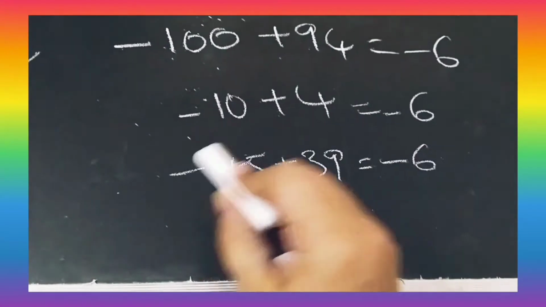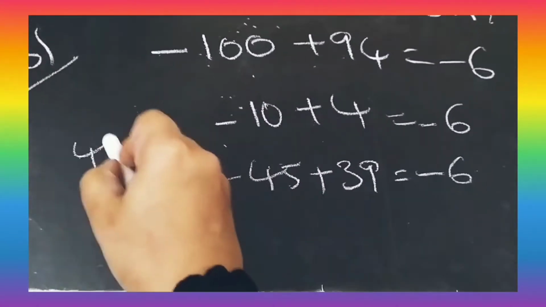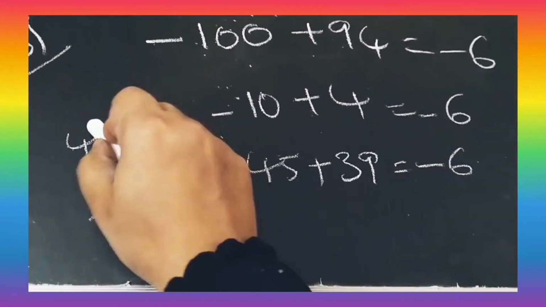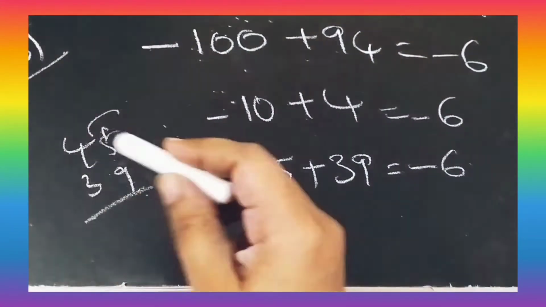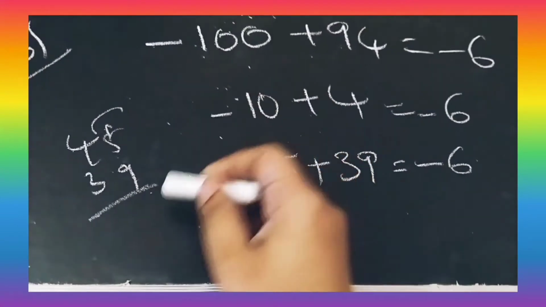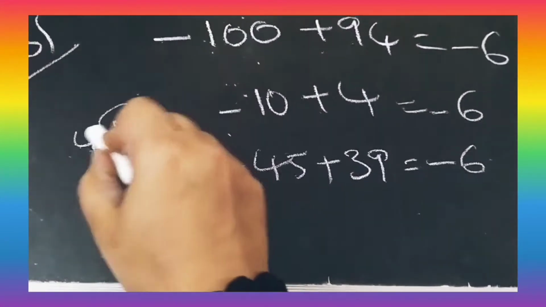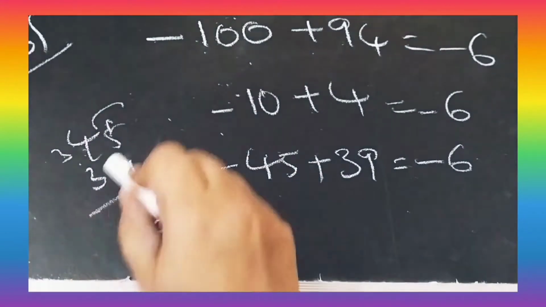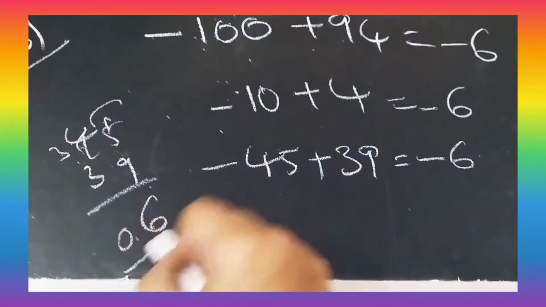If you do 45 minus 39, what is the answer here? You have to do 15 minus 9, 5, 6, 7, 8, 9. It is 6. Here 3 minus 3. Here 1 we are taking now, so it will become 3. 3 minus 3 is 0. It is 6.